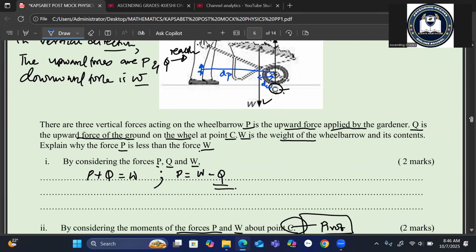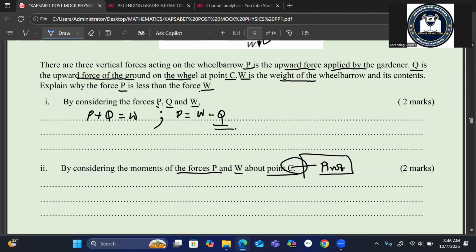So when you use the principle of moments, force P times the perpendicular distance dP is equal to force W times dW. So in this case, we know that the distance dP is greater than dW.